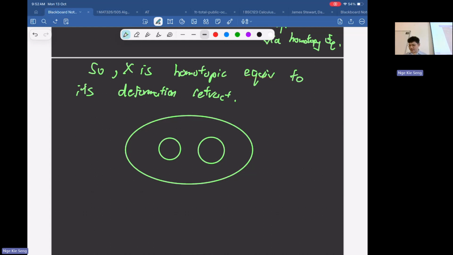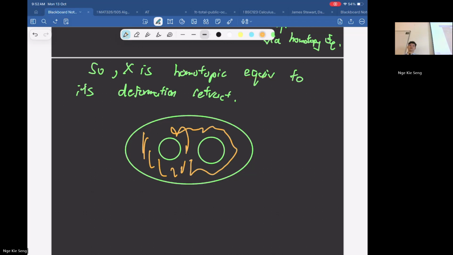The space we are taking here, by the way, I need to tell you first, otherwise you don't know what space I'm taking. So a deformation retract to what? Can someone give one deformation retract space?